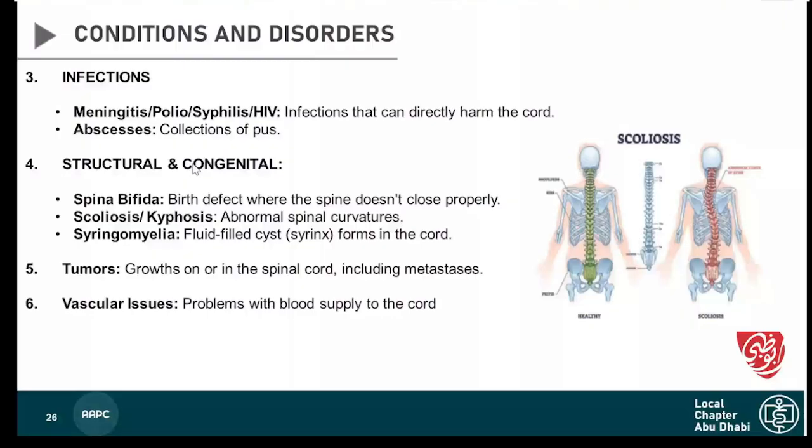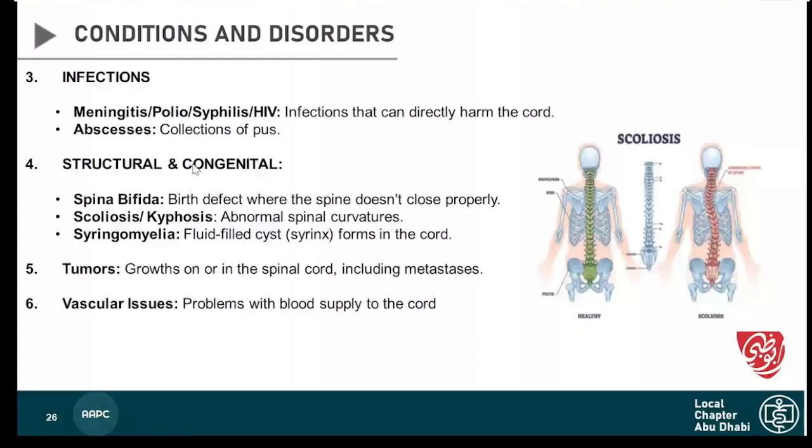Usually it occurs during the development of an embryo. For this, physicians will perform intrauterine surgery to correct the spina bifida. In this condition, the neural tube does not close properly. This neural tube develops into brain and spinal cord later, but it does not close properly. That is the spina bifida condition.